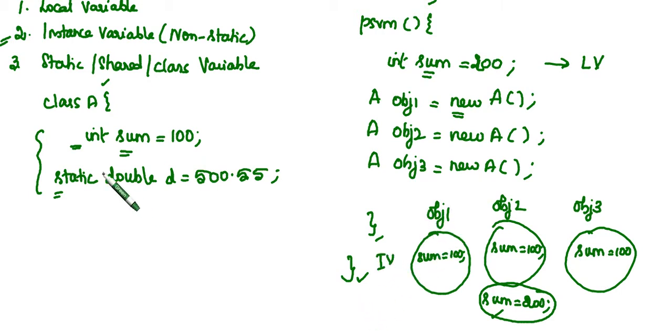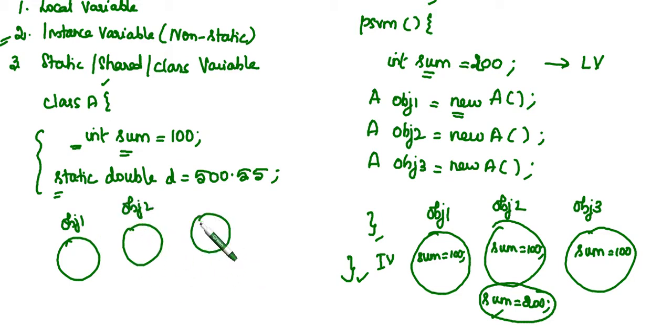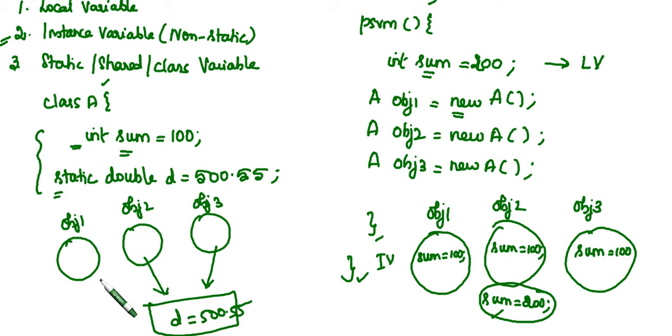Say for example I have a static variable. Okay, so what happens, these three objects, obj1, obj2, obj3, will share the value of this static variable, that is this also shares, this also shares, this also shares. So initially here you will have d equal to 500.55, so here also d is 500.55.